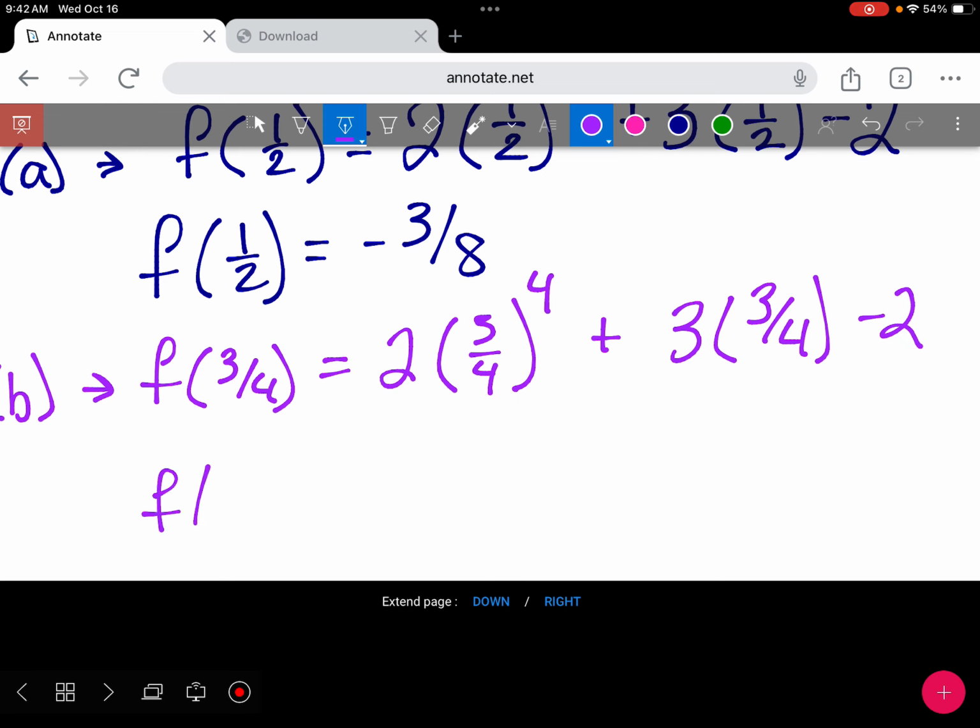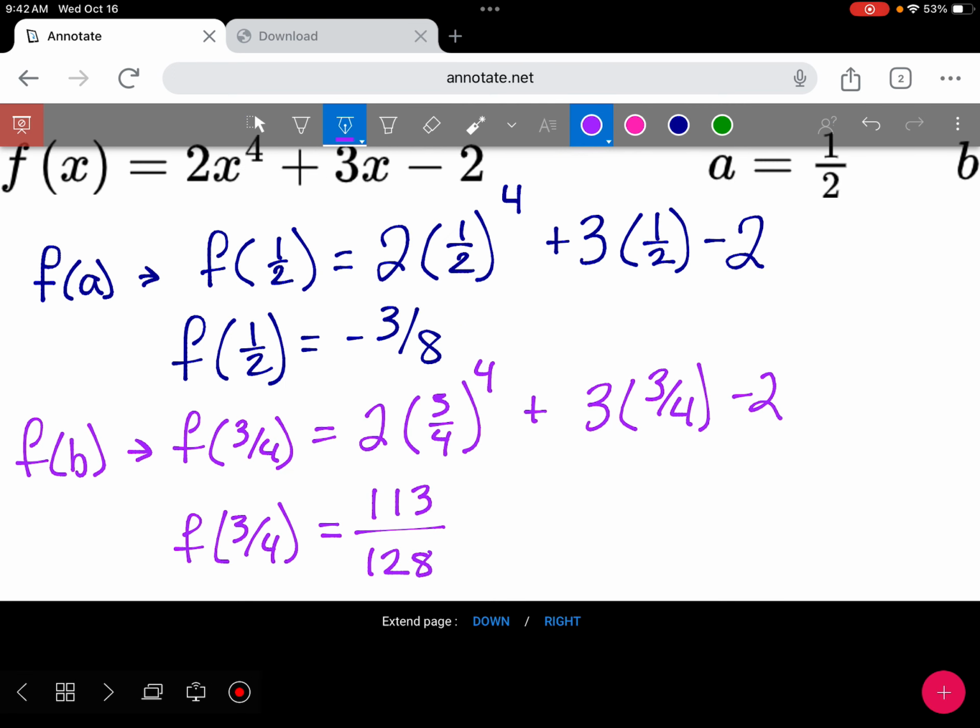So our f of 3/4 equals 113 over 128. Aren't you so glad you don't have to do this one without a calculator? Well, because we would just do 3 to the 4th over 4 to the 4th, times it by 2.